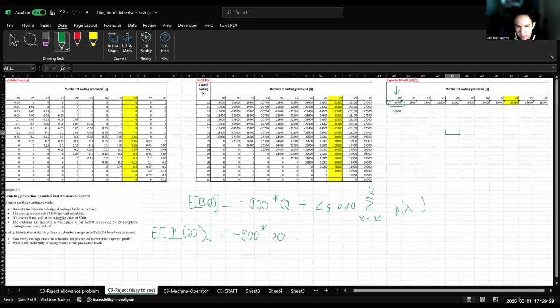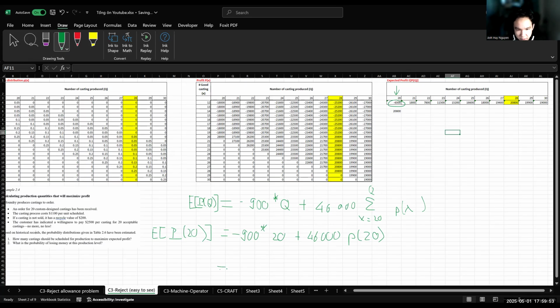Q is 20, 46,000, and the sum of PX, X from 20 to Q. Q here is 20, so you only need to multiply it by P20.